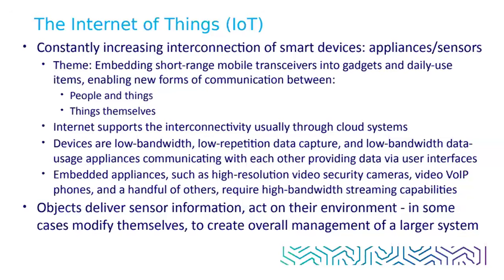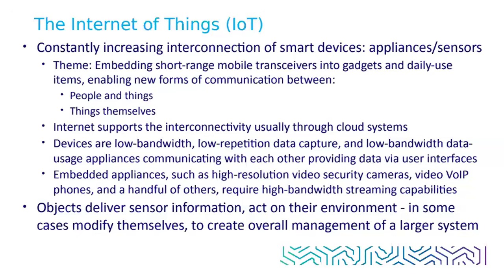Here we need to understand that the Internet of Things, IoT, is a network of smart devices, appliances, and sensors that are connected to each other and the internet to collect, exchange, and use the data.